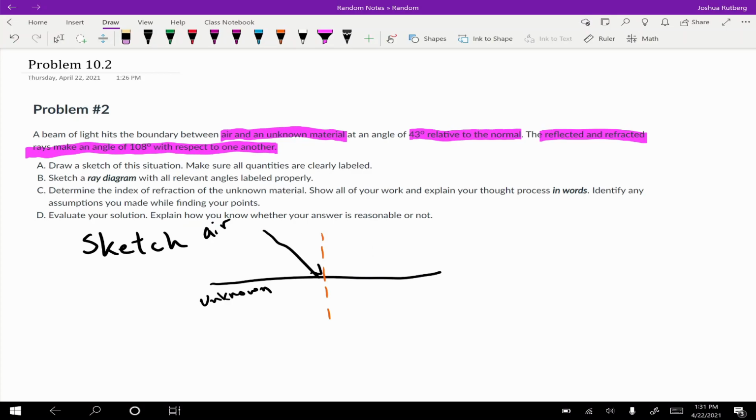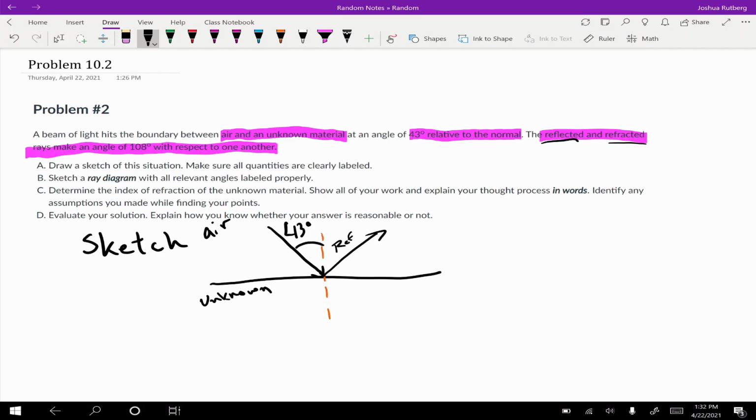And we are told the light is coming in at an incident angle of 43 degrees. We are told there's a reflected ray and a refracted ray. So the reflected ray will go back this way.